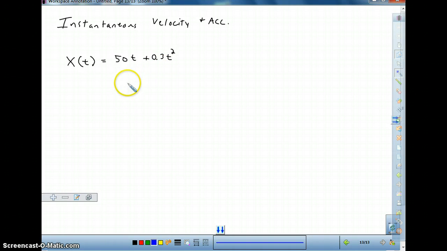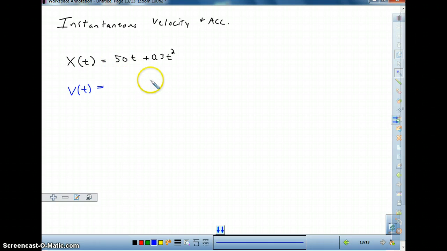This might be a given formula for something's motion and where it's at any time t. If we were asked to find the instantaneous velocity at any time t, what we would do is find the first derivative using the power rule. That is all we basically have to apply on a polynomial like this to find v of t. Another way to say it is that v of t, a function for the instantaneous velocity, is the first derivative of the position time function.